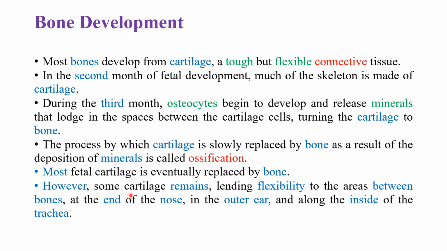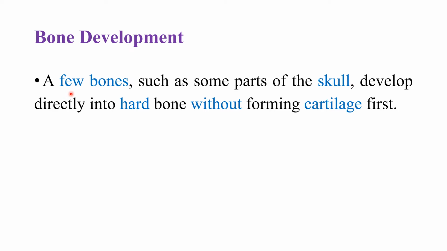However, some cartilage remains, lending flexibility to the area between bones at the end of the nose, in the outer ear, and along the inside of the trachea. A few bones, such as some parts of the skull, develop directly into hard bone without forming cartilage first.